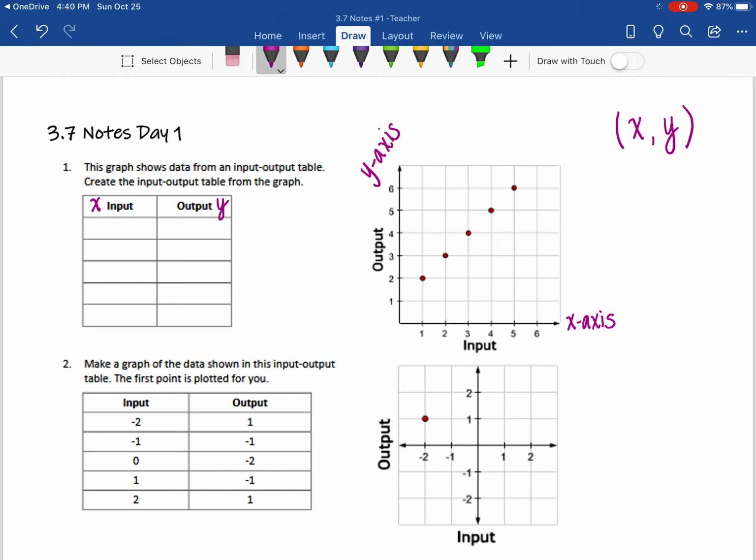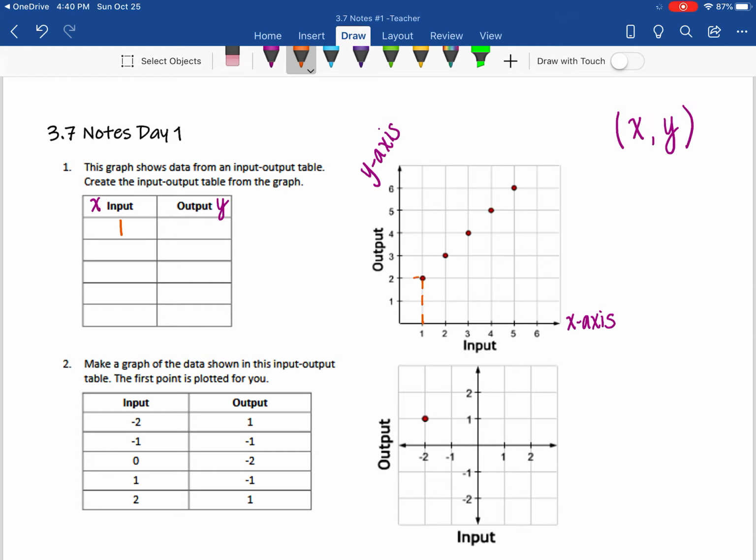Okay, so we have a graph right here, and we are supposed to take those points and put them into the table. So if I'm looking at my first point, I'm just going to trace down to the x-axis to find my x-coordinate. My x-coordinate or my input is 1.